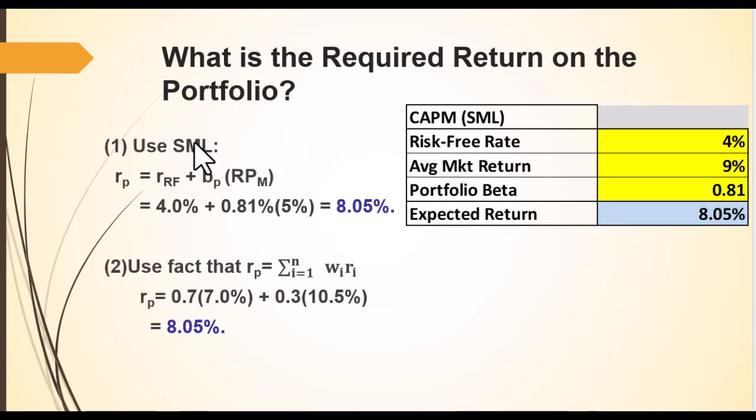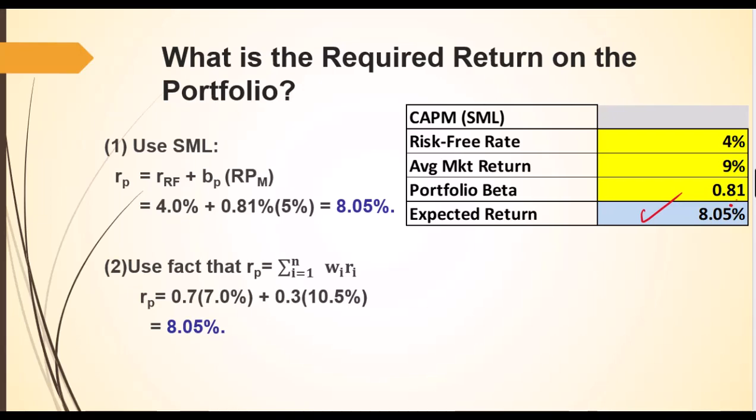If you plug that into our formula, if the risk-free rate is 4, the average return on the market is 9, beta's 0.8, you would expect on this portfolio to get 8.05%.